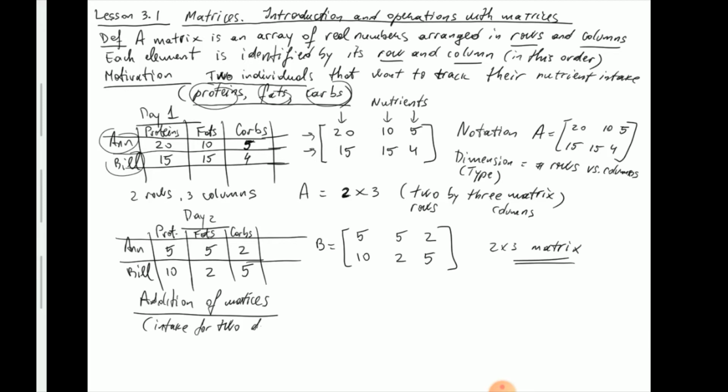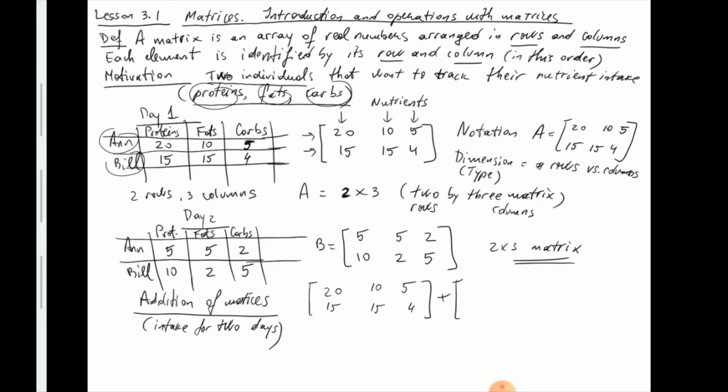And they still want the information broken down by category, I mean proteins, fats, and carbs. Well, obviously you just have to add. But how do you keep the same category separated? Well, you're just going to have to add these terms item by item, corresponding for each row and column.